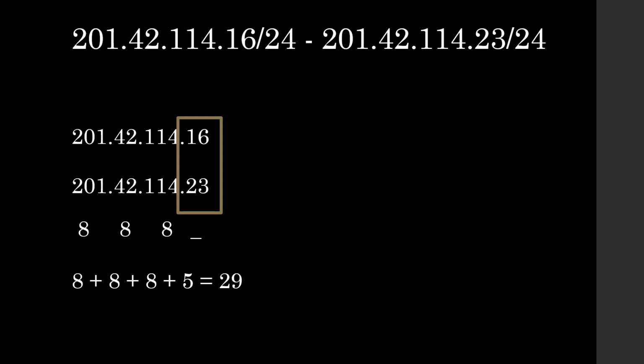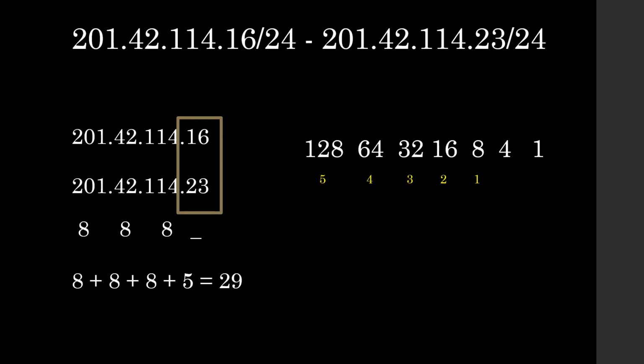Therefore, to determine the new subnet mask, we add those 8s together and the 5. So why is it 5? From the increments, you have to count where 8 is. 8 is actually the fifth number from the left.